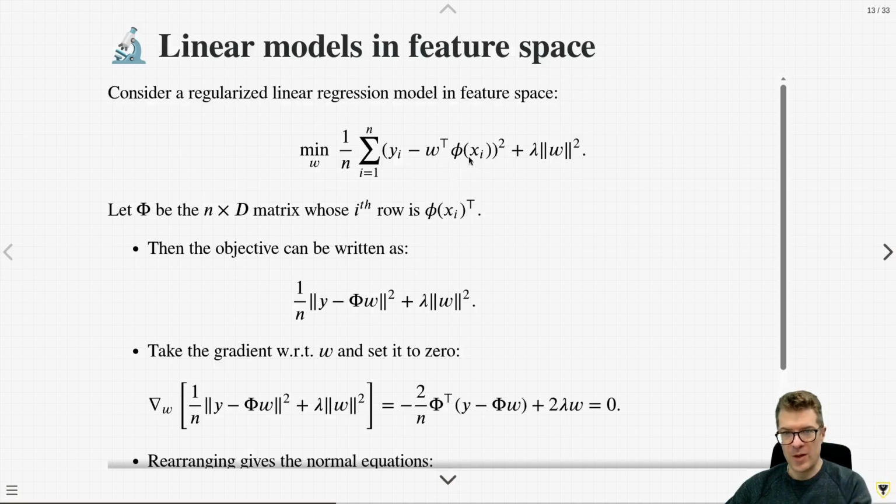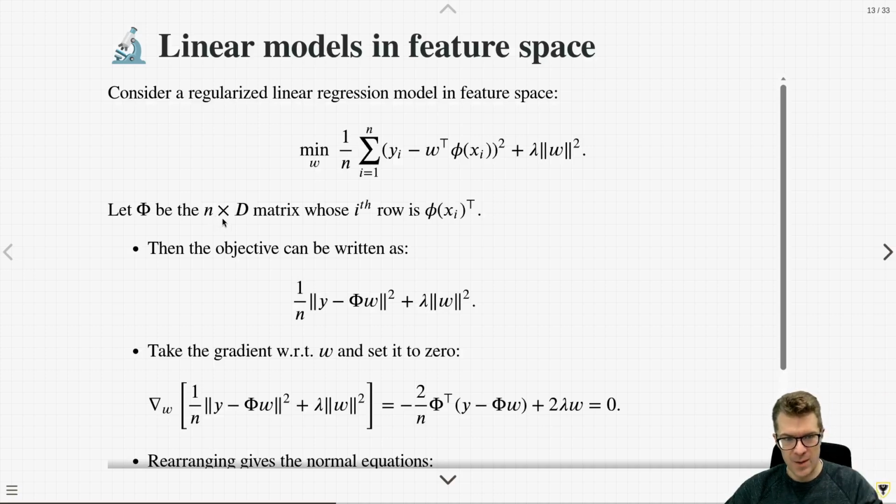So we've already applied the feature map, and we've moved the original data points x into some higher dimensional space. We can still do the squared loss. So this first term is a squared loss, and then the second term over here, lambda times the 2 norm of w, is the L2 loss. So big phi, the capital of this Greek letter over here, is the n by d matrix.